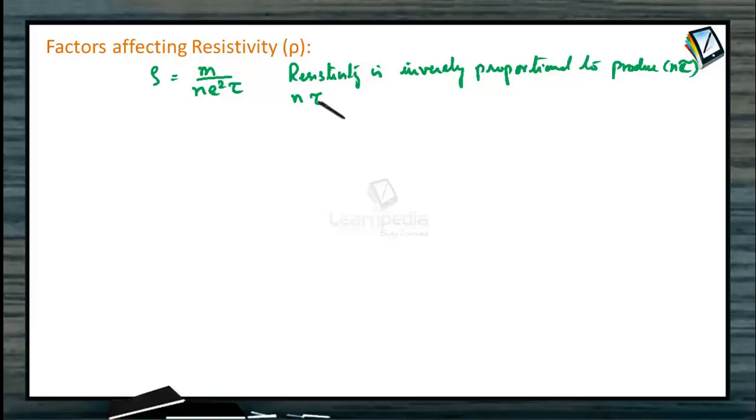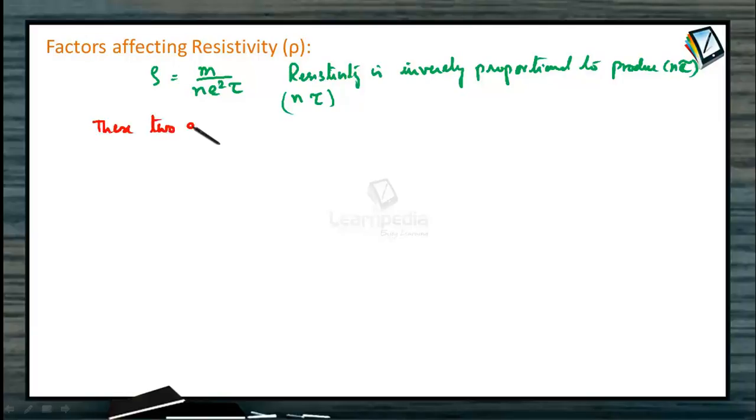These two quantities are constant for a material, but their values change with temperature. When temperature increases, free electron density increases, but relaxation time falls drastically for conductors, that is metals. Overall, the product n tau reduces and resistivity increases.